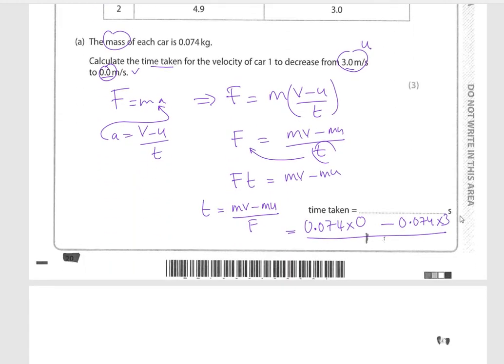Okay, so it doesn't matter. This is 0.72. So do this in the calculator. So this will give me, so there's a negative there.